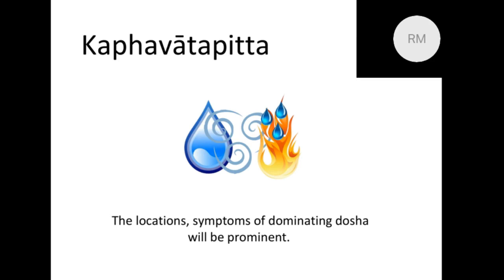The platelet count goes down. So looking at the symptoms, what would you say it is, triple, dual, or single dosha?